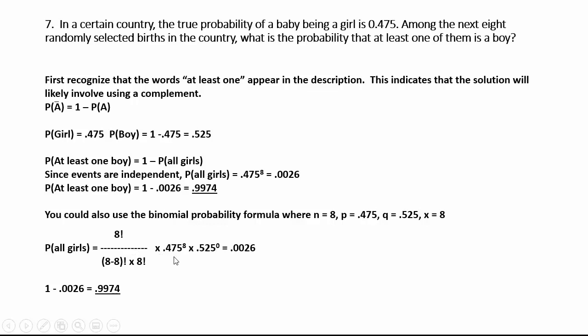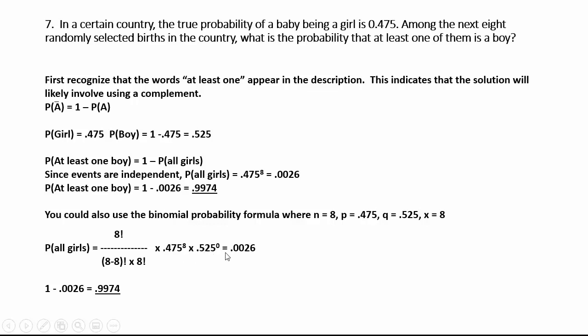And then we're going to take that 0.475 probability of girls to the 8th, so there's that same thing we did right here. It's going to be multiplied by the probability of having a boy, which has no chance of happening, so that exponent is 0 and this ends up being 1.